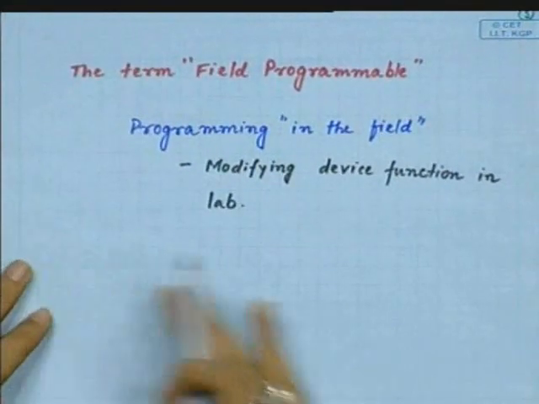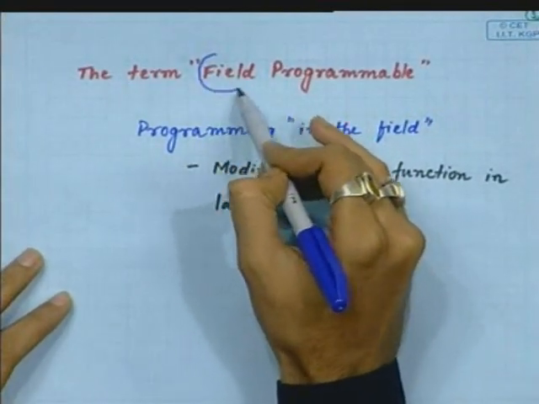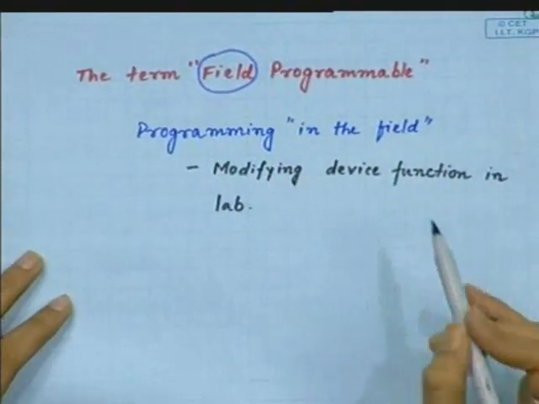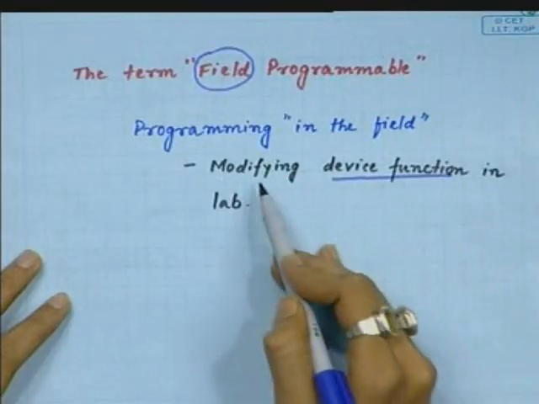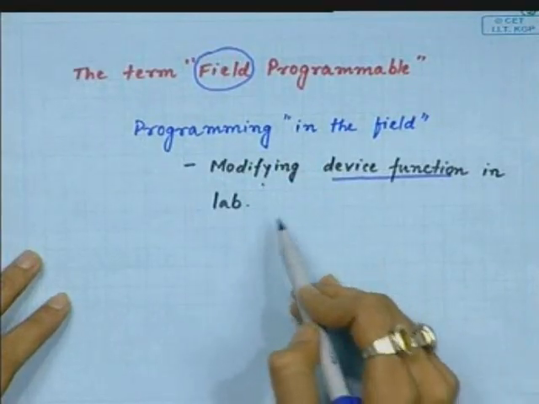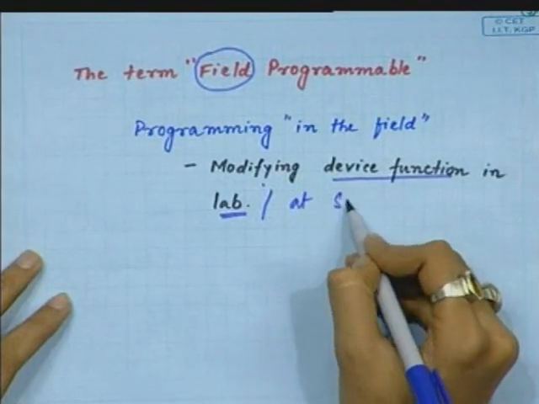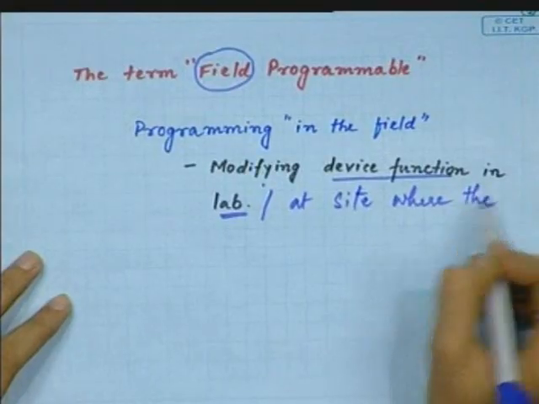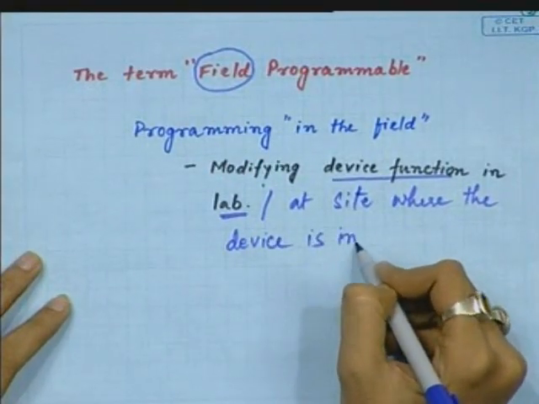Now, the term field programmable. Why does the term field come? The field stands for programming in the field, that is, the device function can be modified or configured or programmed in the lab or at the site where the device is installed.